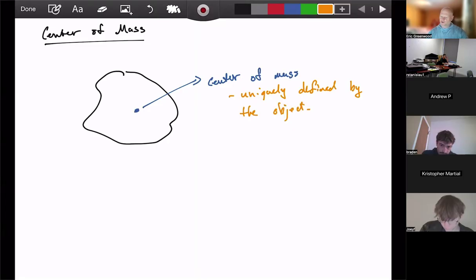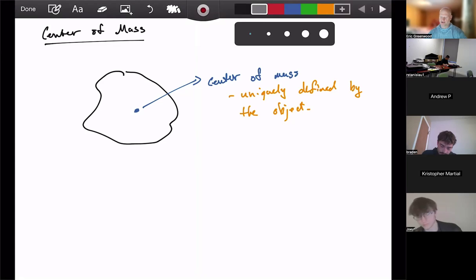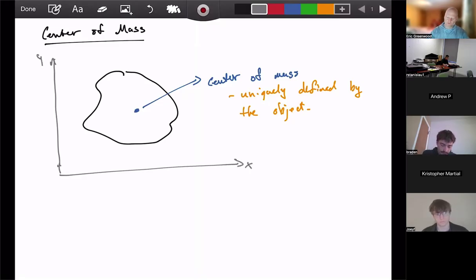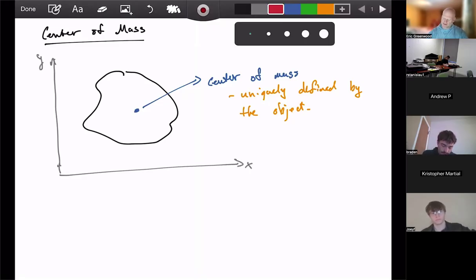Now, what we're going to do is come up with a vector that describes the location of the center of mass. Basically, all that means is we have to choose some sort of coordinate system. So here's my coordinate system, let's say that's X and Y. Then we come up with the center of mass position vector.